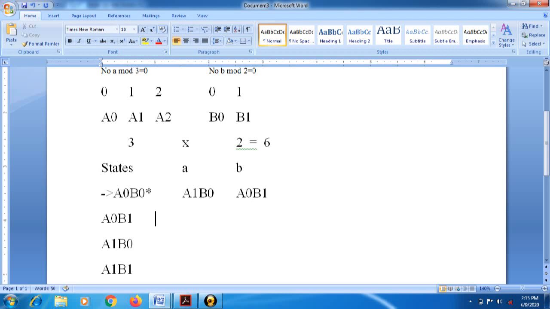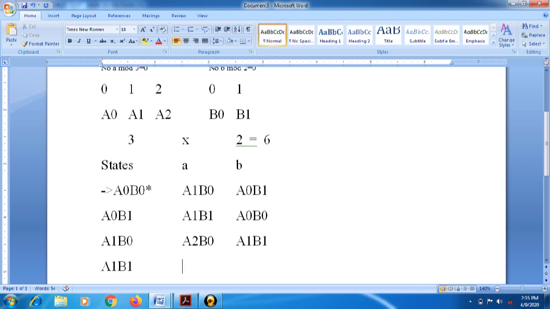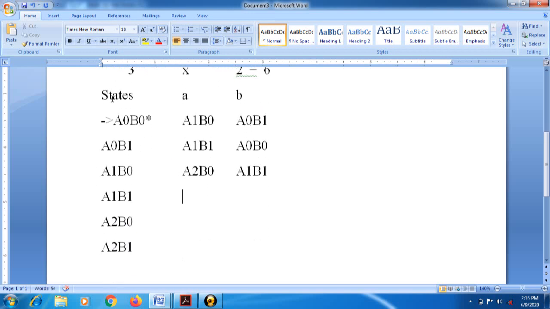Then A0 B1, with A it moves towards A1 B1, and with B it moves towards A0 B0. Then A1 B0, with A it moves towards A2 B0, and with B it moves towards A1 B1. Then A1 B1, and likewise we have to complete our transition table.